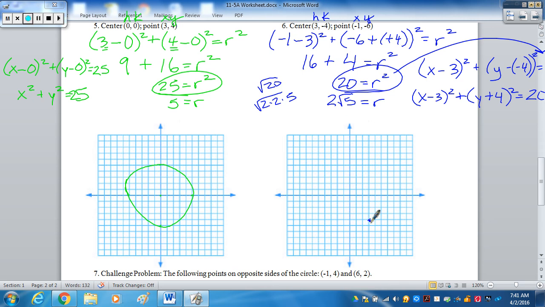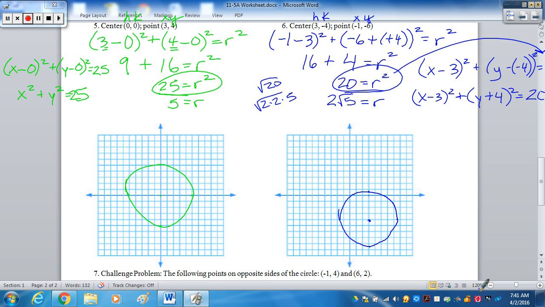So I'm going to go over 1, 2, 3, 4 and a half, in each direction. Yep, my circles are definitely getting worse.